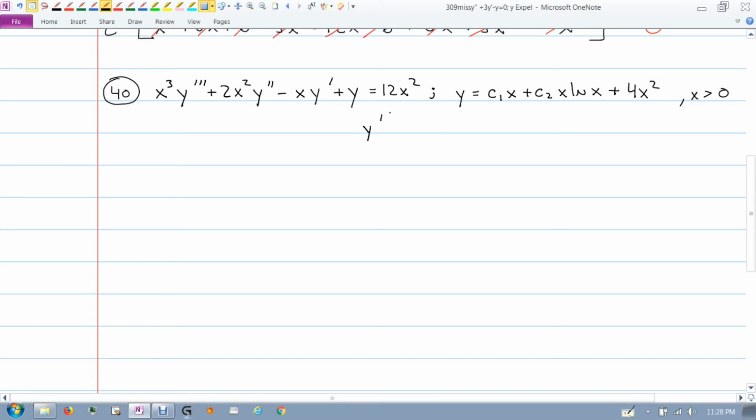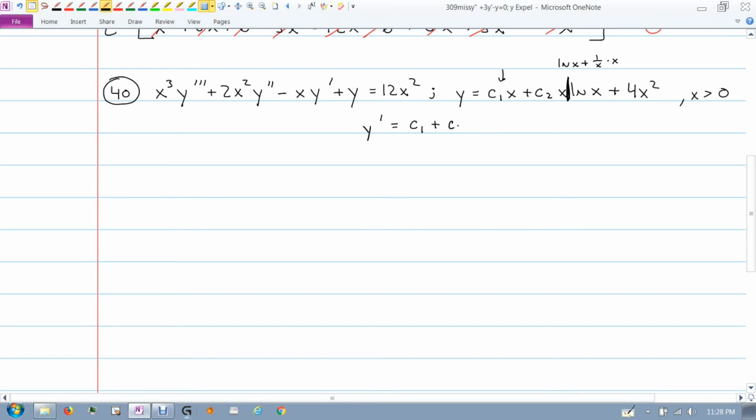So y prime is, let's see, derivative of that's just c sub 1. Okay, I've got to do a product rule right in here. So let me just do that right up here. This is going to be natural log x plus 1 over x times x. So that's going to be natural log of x plus 1. But then I need to distribute the c sub 2 through.